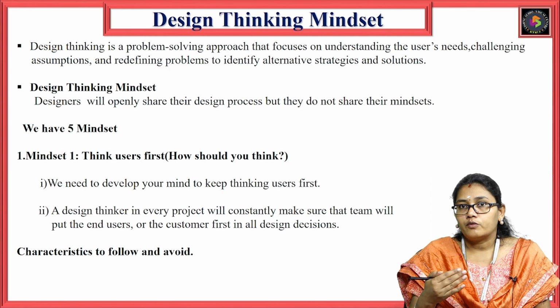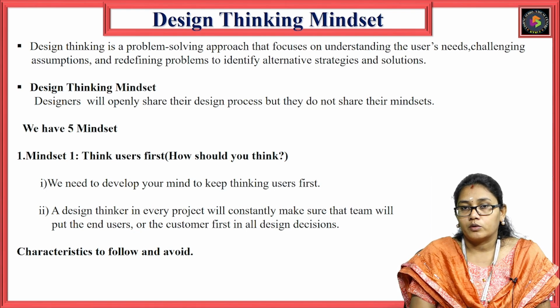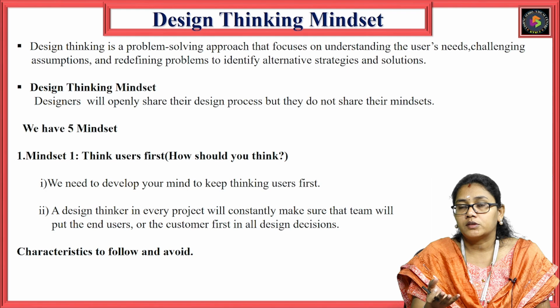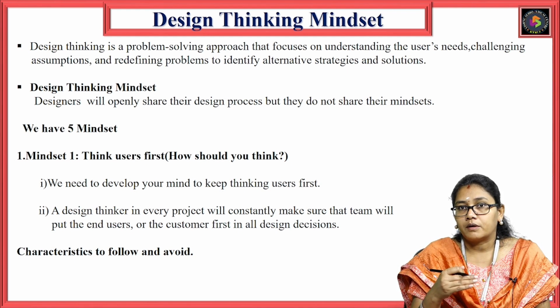Also, we focus our attention and effort on solving customer problems rather than going for business objectives. Business is apart from that. First, we solve the problems customers are facing. Only later do we move on to the project objectives. That is the main important thing. These are the 3 points we follow in this mindset.